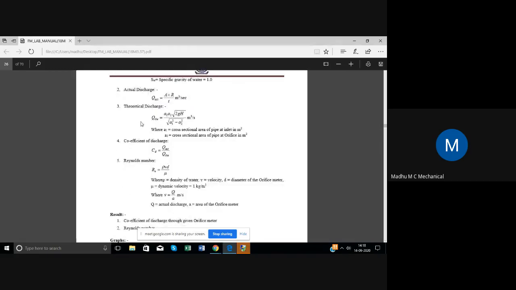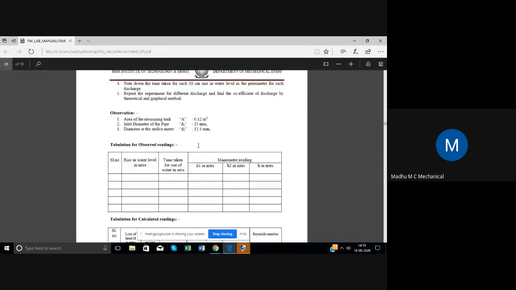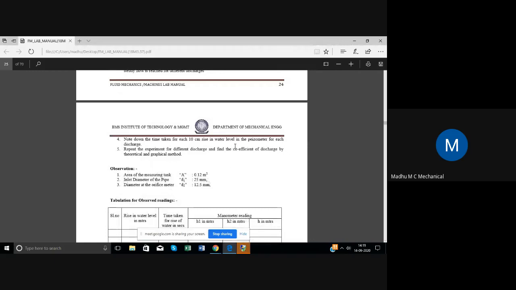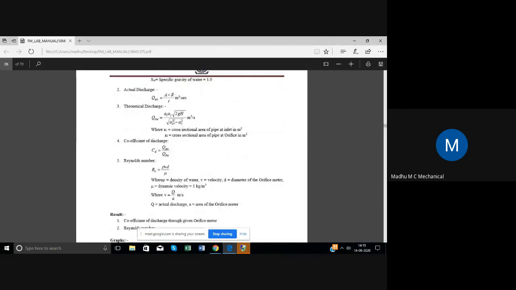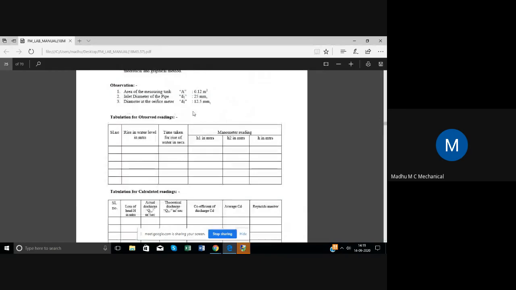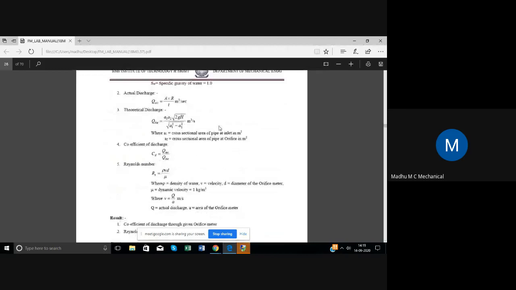Then theoretical discharge. Now A1 is equal to area of pipe inlet is equal to pi by 4 into D1 square. Now what is D1? You note it down here, 25 mm. Convert that to meters. Then A2 is pi by 4 into D2 square. What is D2? 12.5 mm. Convert that to meters.